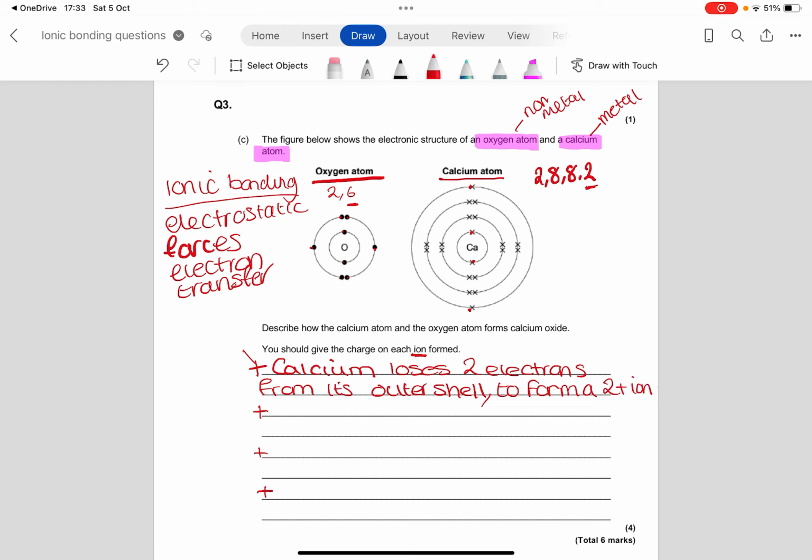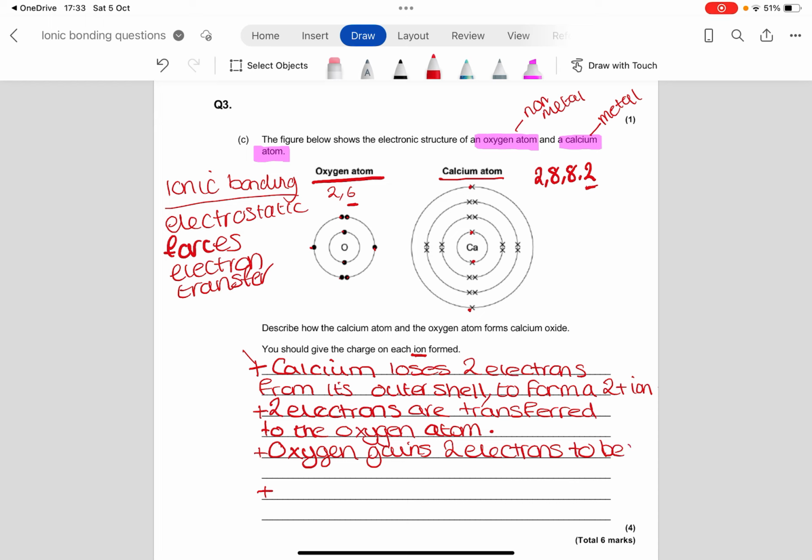And then I'm going to write 2 electrons are transferred, so using that word transferred to the oxygen atom. Oxygen gains 2 electrons to become a 2 negative ion.